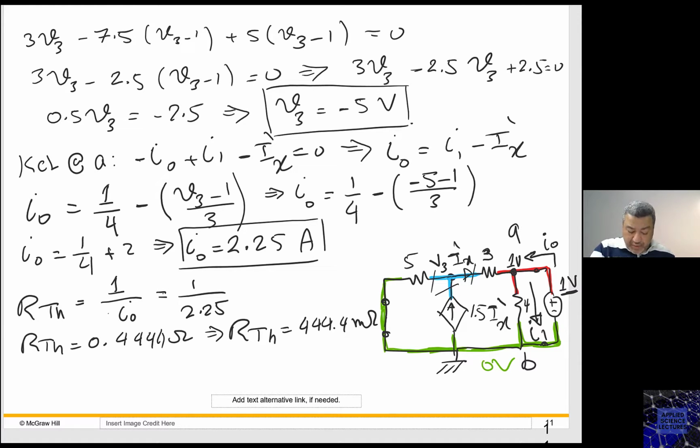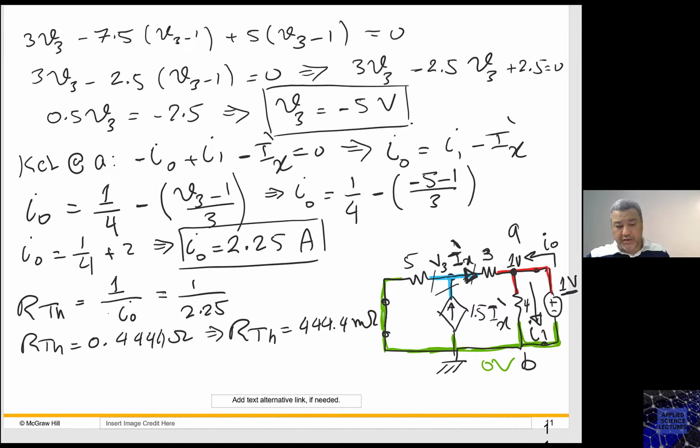This is the Ix prime. So this is how we do it. This is how we solve it. This is one approach for the R Thevenin. We're going to talk about the second approach later on.